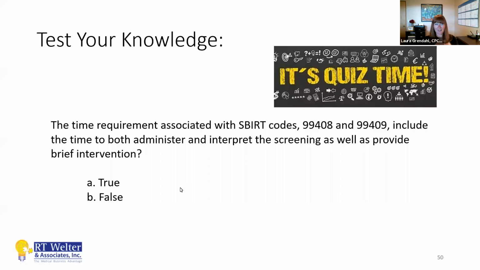Okay, and the time requirement associated with SBHC codes 99408 and 99409 includes the time to both administer and interpret the screening, as well as provide brief intervention.